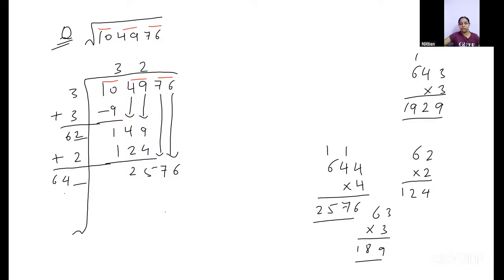Yes, Abraham, it's 4. I will write 4 because with 4 we are getting 2576. Okay, it is 4. Now, one question for you all to try out by yourself. Try out the 6-digit number.